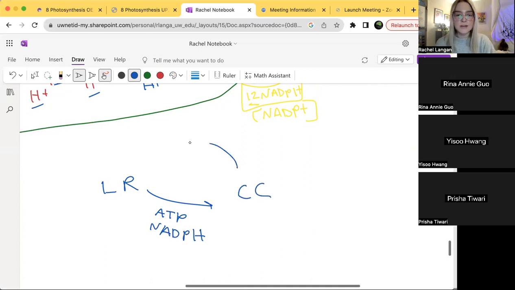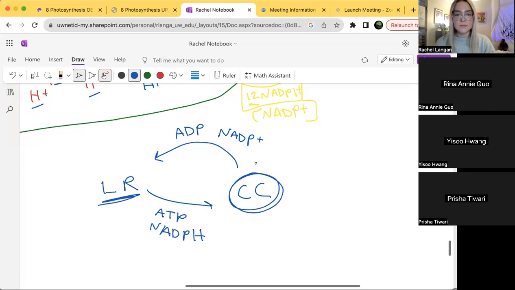They also rely on the Calvin cycle using those things up and producing ADP and NADP plus. So if things start to go wrong with the Calvin cycle, that's eventually going to lead to a decrease in the light reactions.